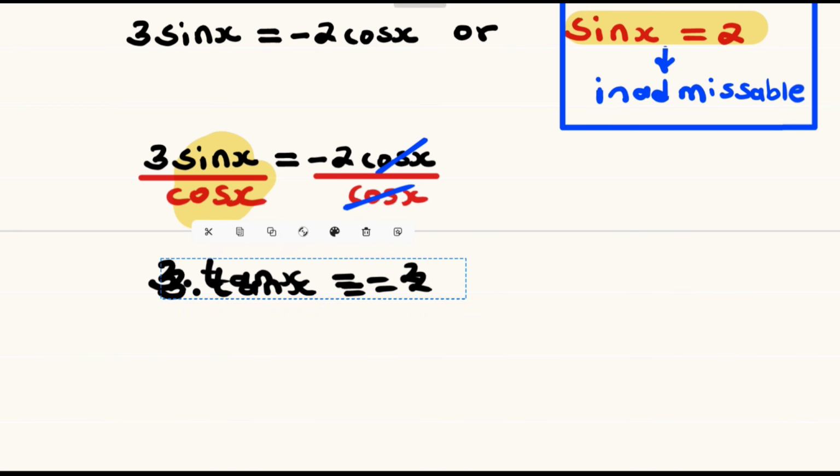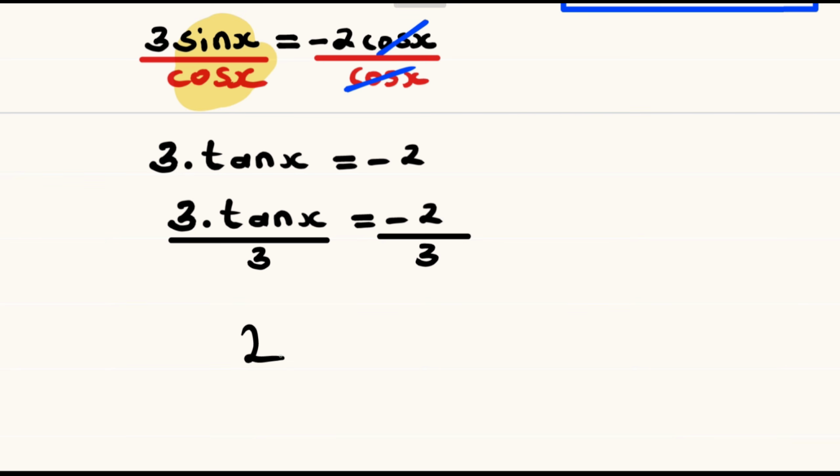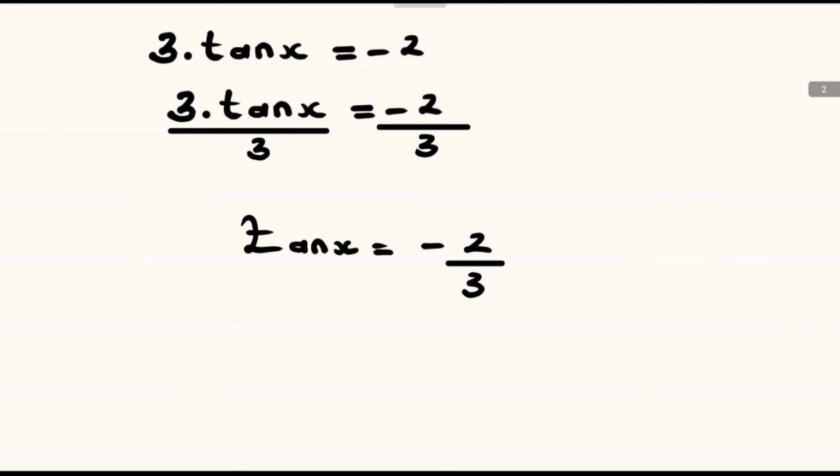To solve for x, we are going to divide both sides of the equation by 3, and that 3 and that 3 will cancel out, and tan x will be equal to -2 divided by 3.